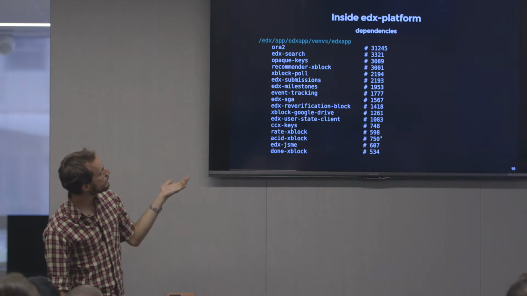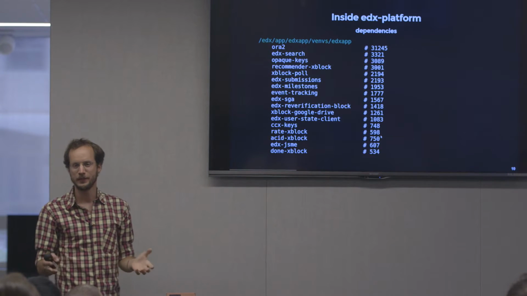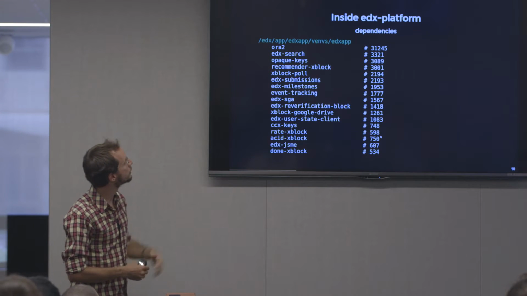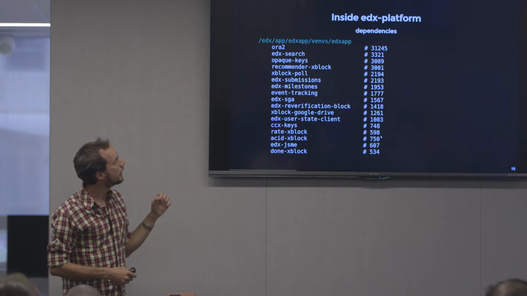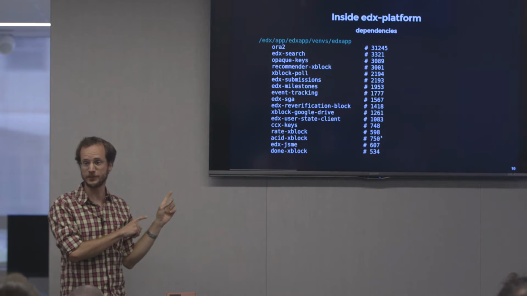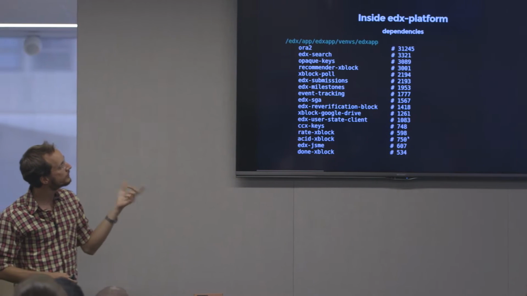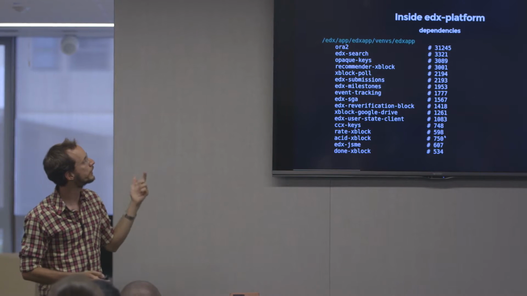Many Xblocks are between 2,000 and 3,000 lines of code. That gives you an idea of how complex it is to actually build an Xblock. As I mentioned, Aura 2 is huge, but it actually contains a lot of test code and a lot of JavaScript code. I estimated that there are less than 10,000 lines of Python code actually in Aura 2.